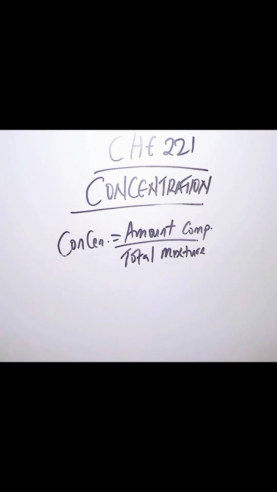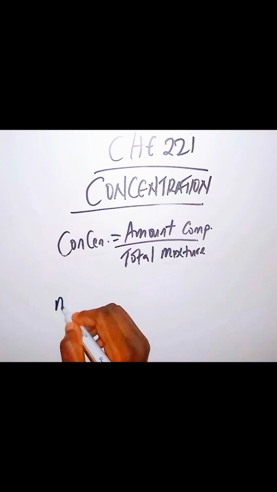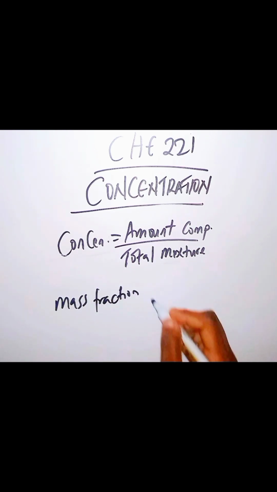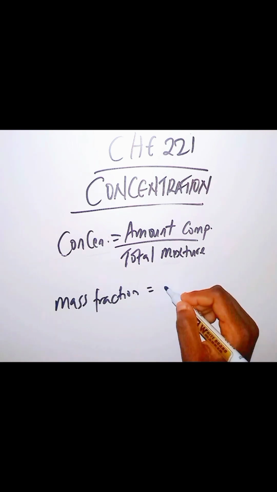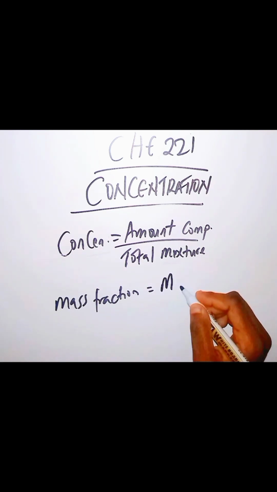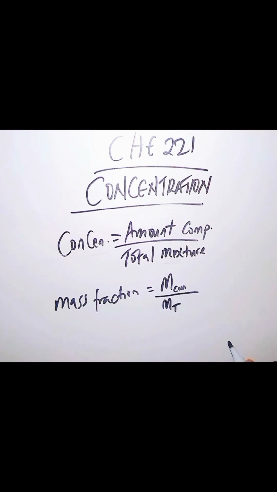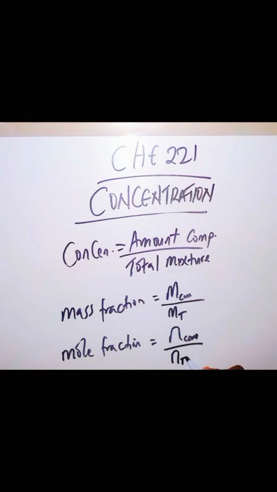Concentration can also be expressed in mass fraction. And mass fraction can be obtained by the mass of the component divided by the total mass of the mixture. Similarly, concentration can also be expressed in mole fraction, which is the number of moles of the component divided by the total number of moles.